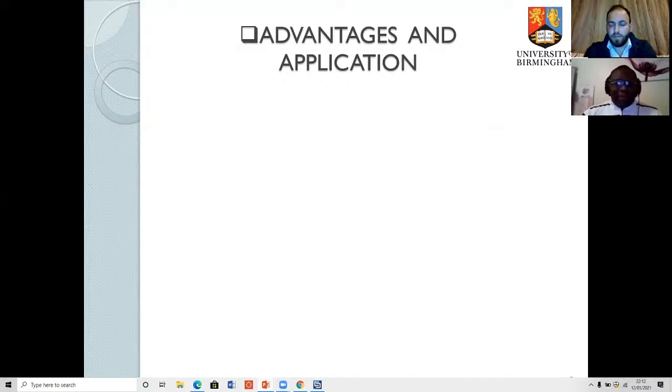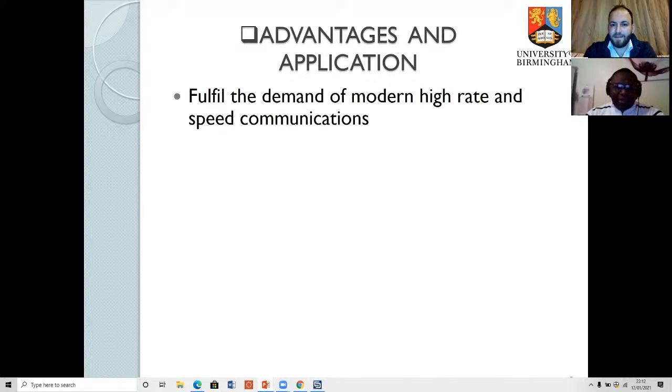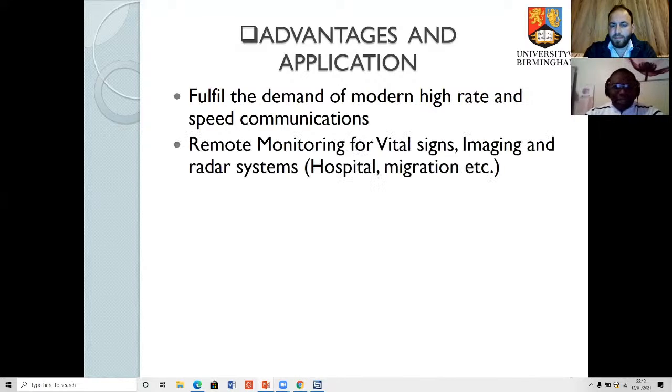Now let's look at the advantages. The antenna we are discussing today has many advantages over antennas on the market. One, it fulfills the demand of modern high-rate and high-speed communication. Two, this antenna can be applied for remote monitoring of vital signs. Secondly, we can also use it for imaging and radar systems.